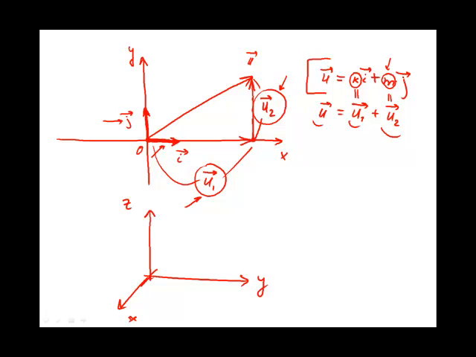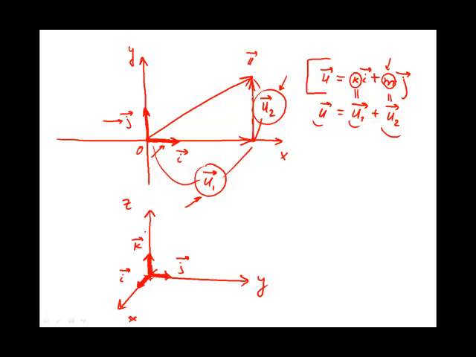Vector i, a unit vector, goes along axis x. This is i. A unit vector j goes along axis y, and the third unit vector goes along axis z.